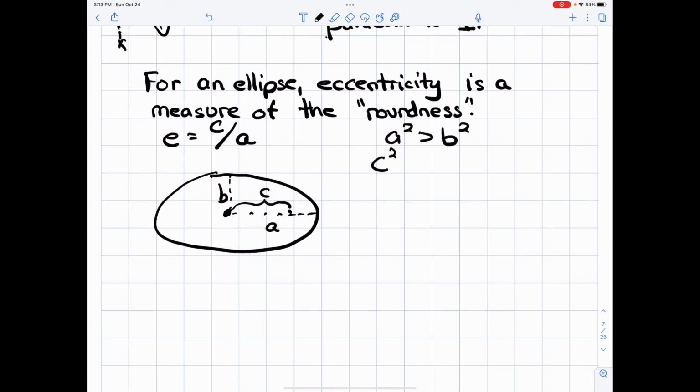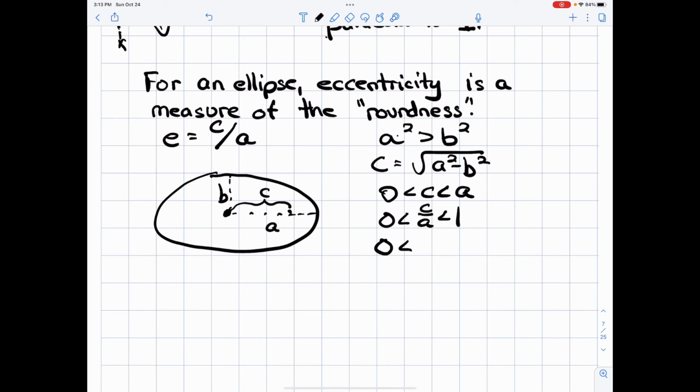We also know that C is the square root of A squared minus B squared. So we know that 0 is less than C less than A. You can say 0 is less than C over A, which is less than 1. So the eccentricity of our ellipse is going to be between 0 and 1. So every ellipse has an eccentricity between 0 and 1.